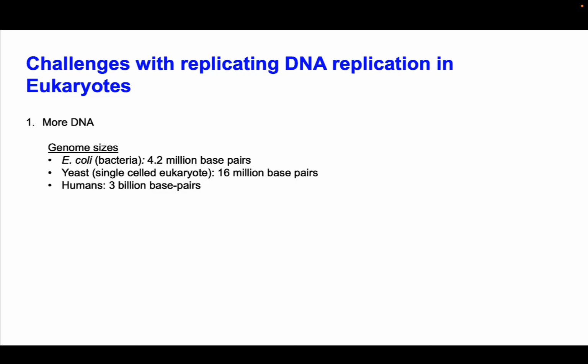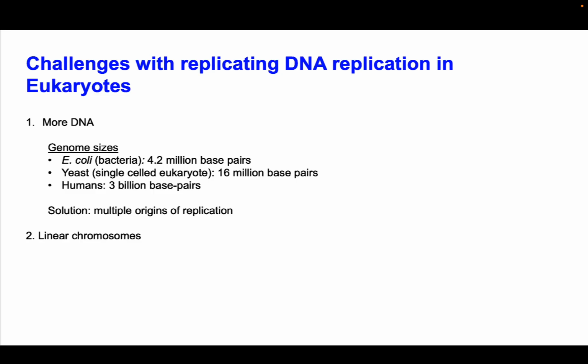So this is 4 times as many base pairs, and it would take quite a long time to duplicate its DNA. And then on a much greater scale, humans have 3 billion base pairs. So this would take a really long time if we were starting from one origin of replication. So the solution here was multiple origins of replication for these eukaryotes.